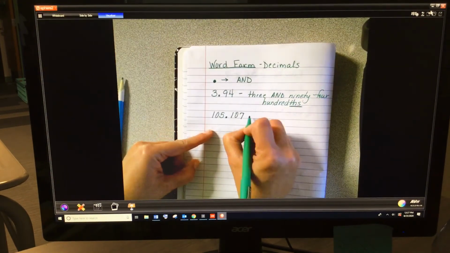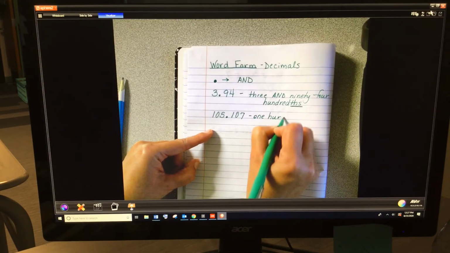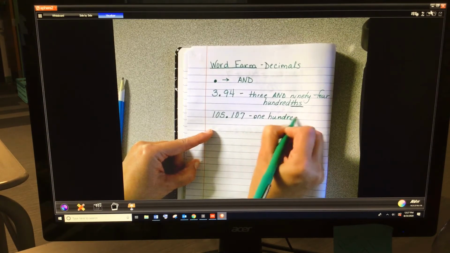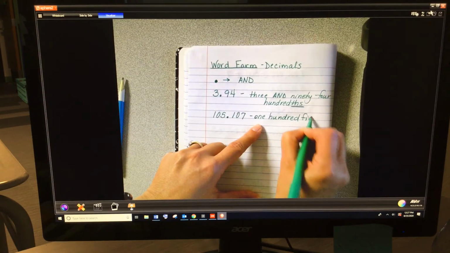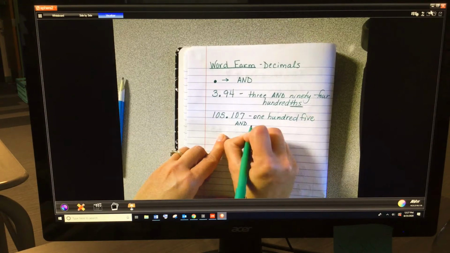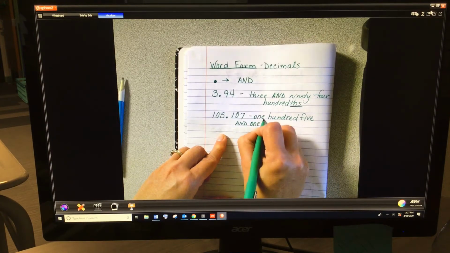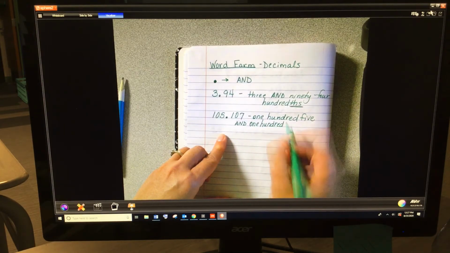So 100, notice it doesn't have THS on it because it's a whole number. 105 and 107. Notice it says 107. 107 what?